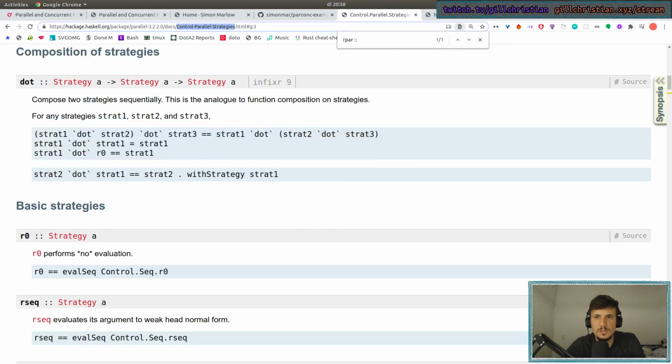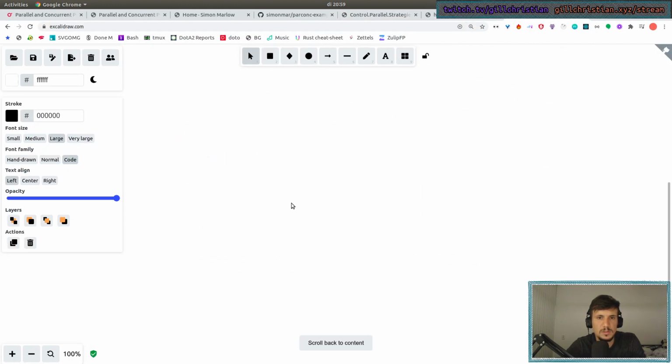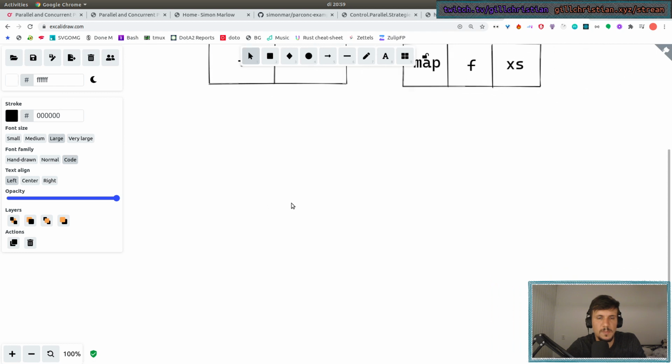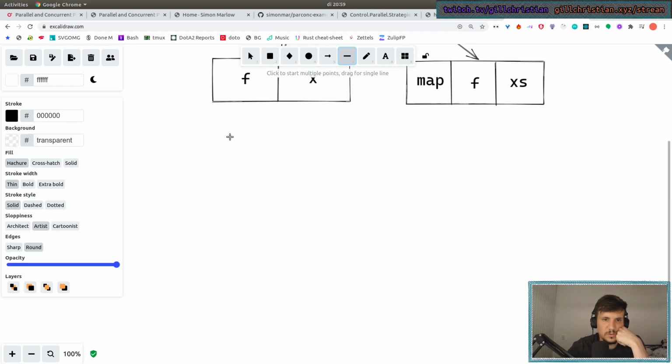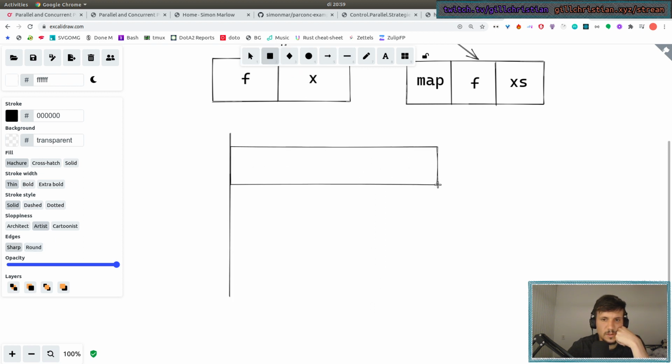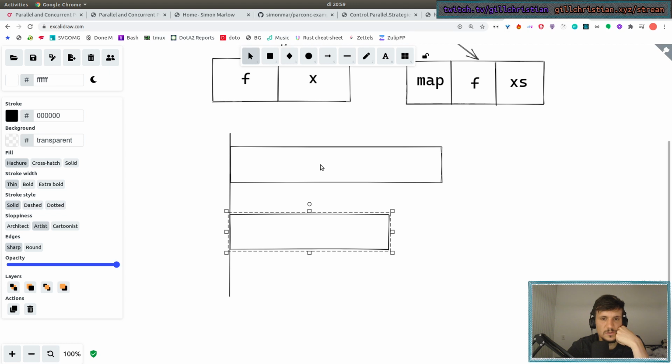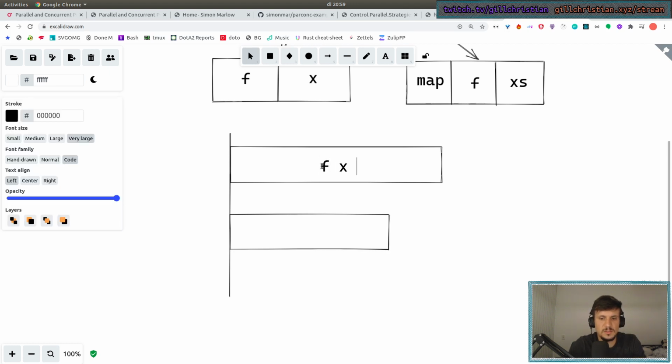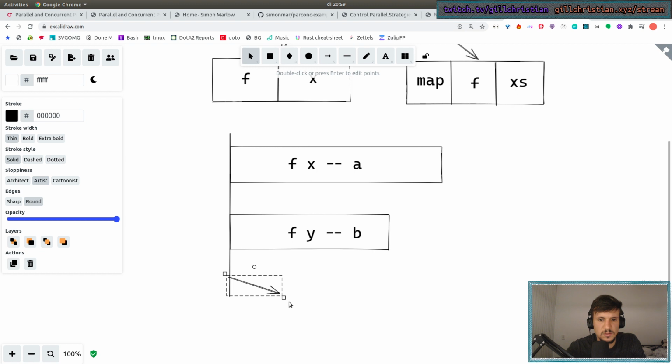So this would look something like: we have the return, evaluation of each of both, like where f x produces the a, f y produces the b, and return.